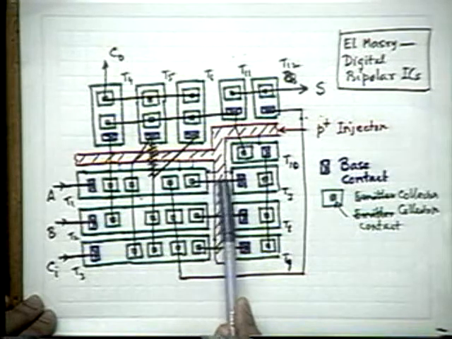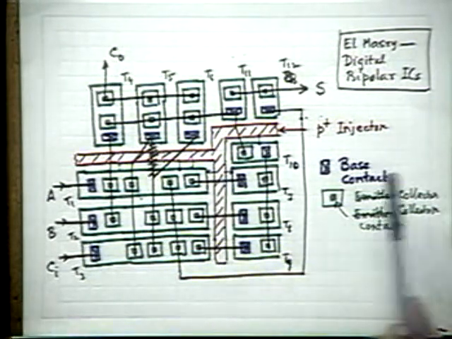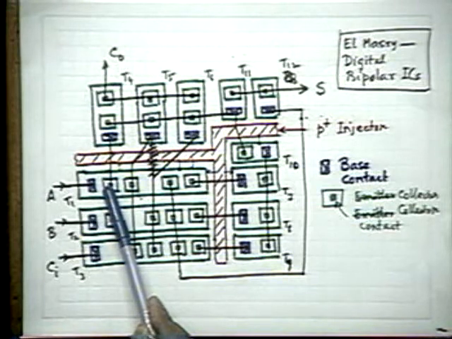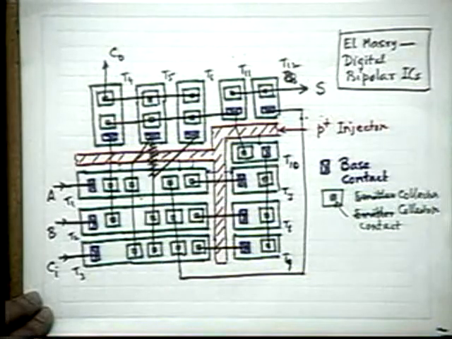The collectors nearest to the injector should have the minimum area, whereas as you go away from that region, the collector should have a larger area to account for the problem occurring because of the loss of holes as they travel. This is one approach. But this kind of I-squared structure is normally called FIN structure.